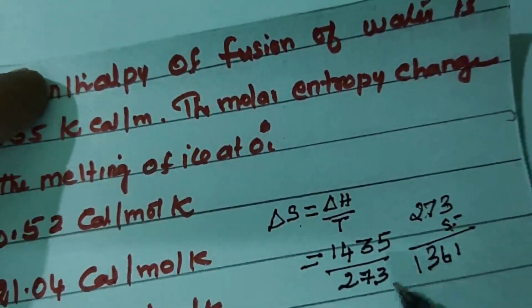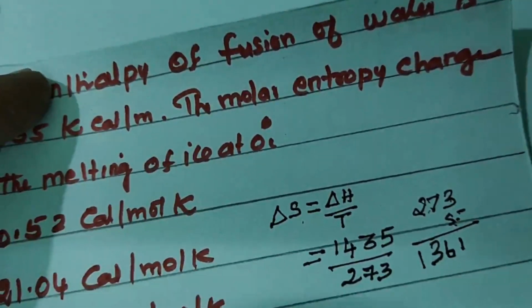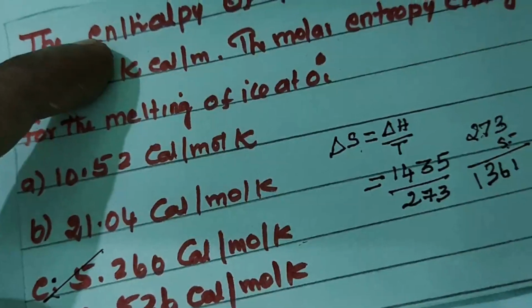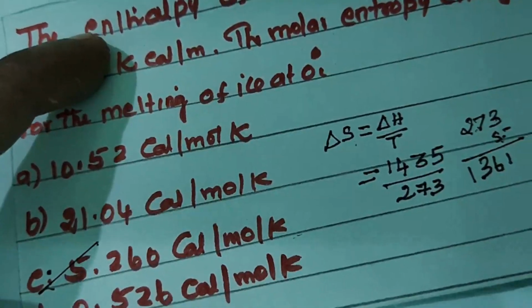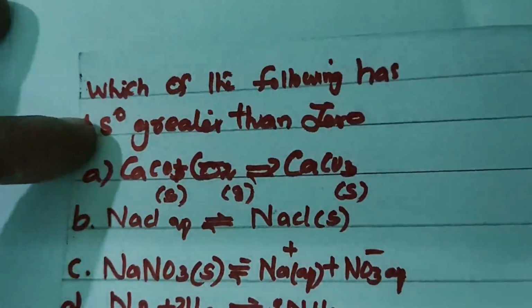So around 5.26, the answer is C. So C is the correct option: 5.260 calorie mole power minus 1 Kelvin power. Then move to the next question.